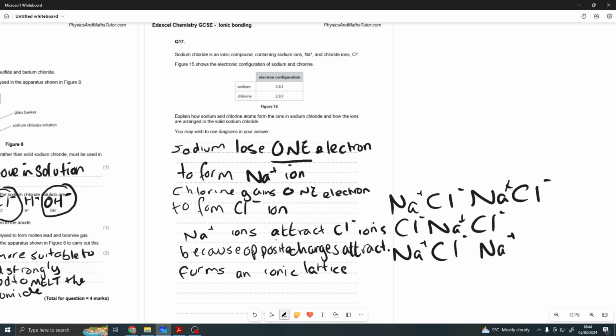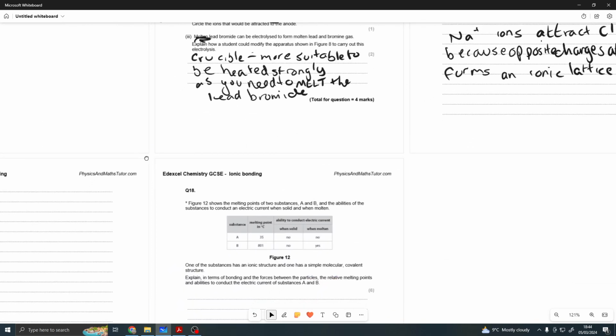Na plus, that'll have Cl minus, which will have another Na plus. You could go on forever, but I won't. Essentially it's a lattice. This is our lattice here. You can draw it to show you understand what it is. They allow that. That is in lieu of a written description. That is allowed.